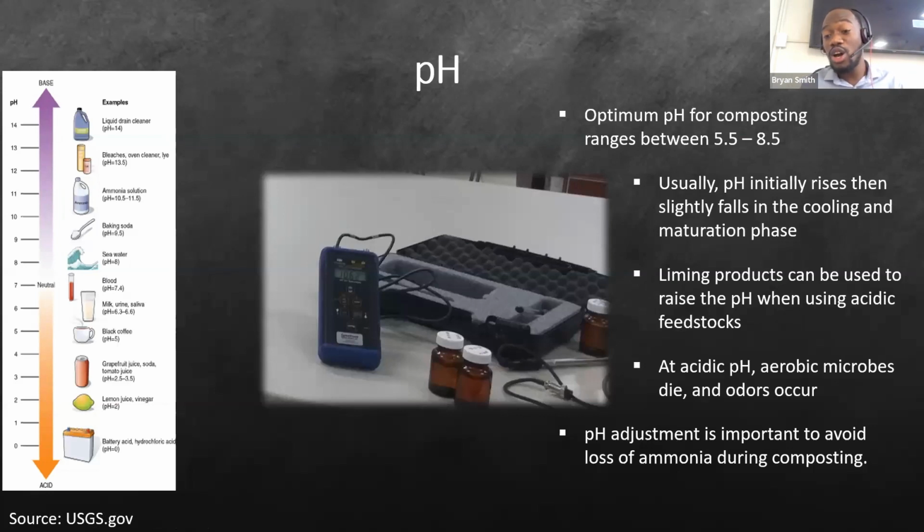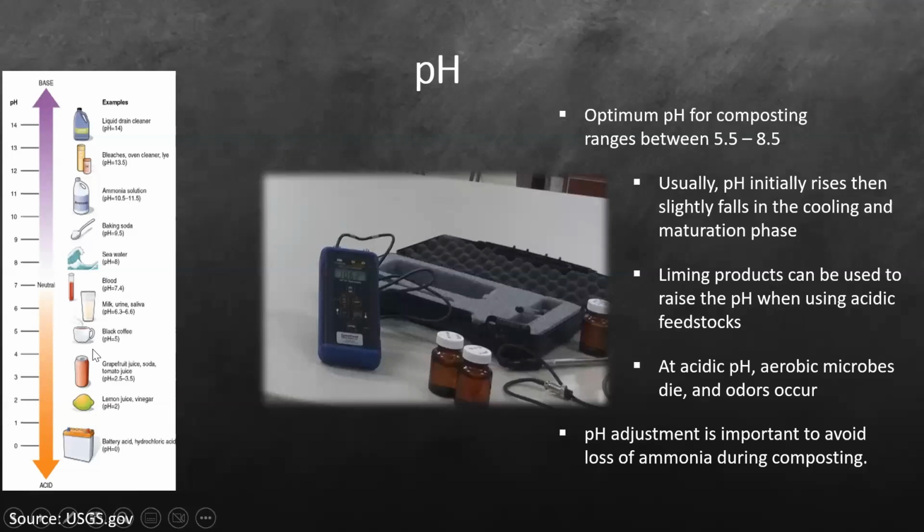Now, if you're starting off with feedstocks that are very acidic, such as vegetable waste, sometimes you might want to add liming products, like wood ash, because wood ash is generally a bit alkaline, to balance off the pH so that you get that nice kickstart in your compost. And what will happen is that if your pH is too acidic, meaning that it's down here like the lemon juice and the vinegar, it can affect the microorganisms and they will die.